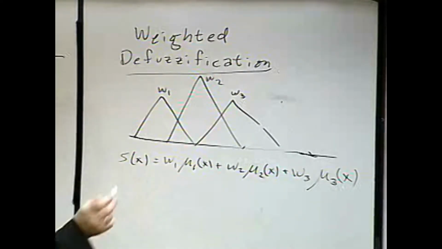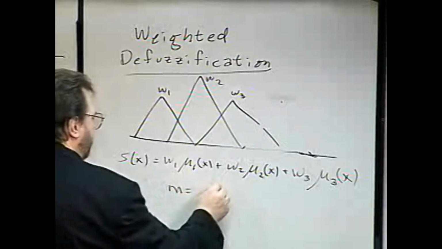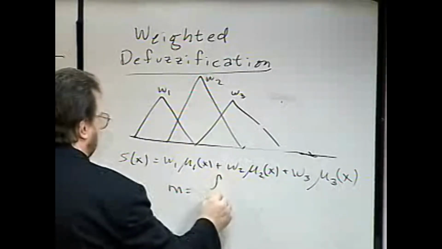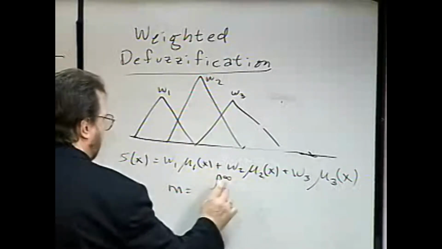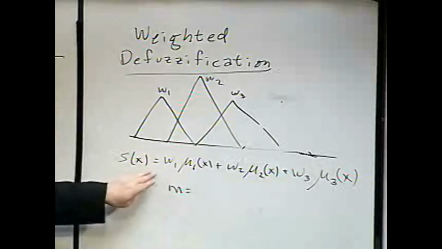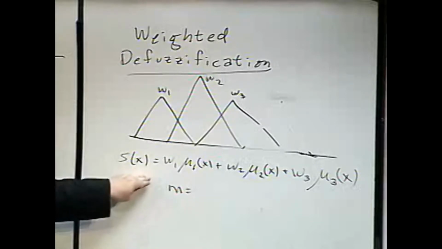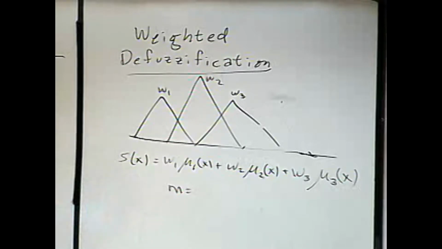Well, the center of mass of this sum, which we'll call m, is equal to the integral from minus infinity to infinity. Well, first of all, if we have a probability density function, which we don't, we know what to do in order to find the mean. We don't have the probability density function here because this does not necessarily have an area of 1, does it? Right? And we're familiar, at least in double E more than mechanics, of finding this.